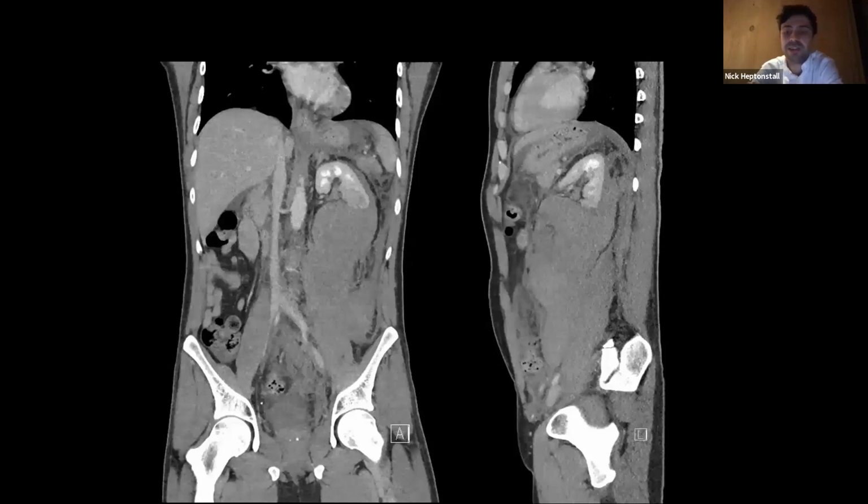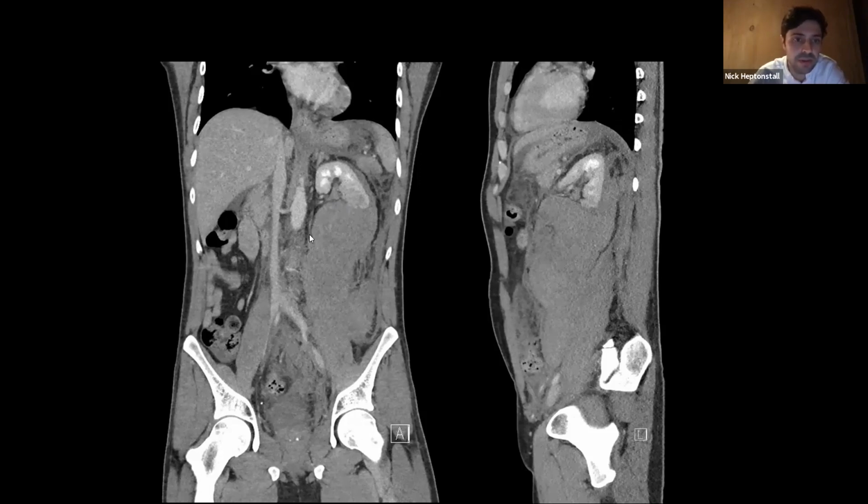So this is another example, another case. So this case, there's a hematoma around the left kidney.